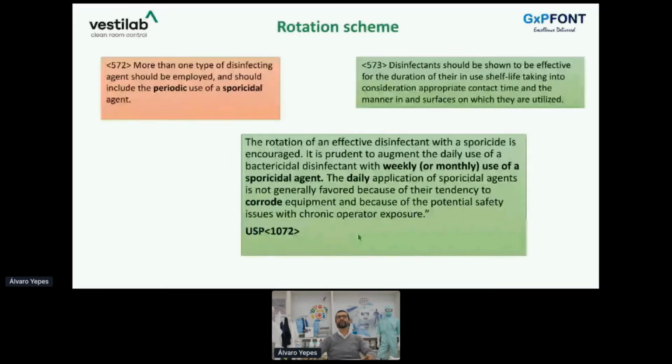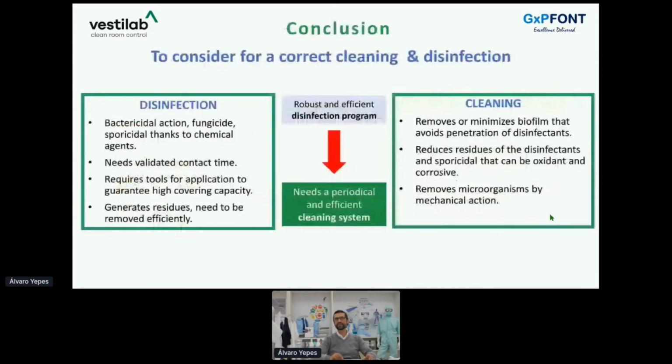So normally it's better to do a daily application of a broad spectrum disinfectant and only use the sporicidal periodically, maybe once per week or once every 2 weeks, to be established depending on the EM data. As a summary, remember: cleaning is removing, and disinfection is laying down the liquid for a long time to get a kill efficacy.